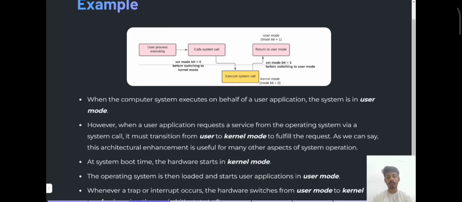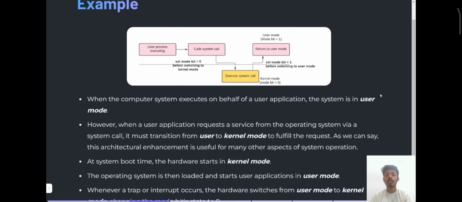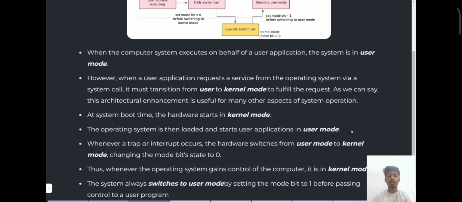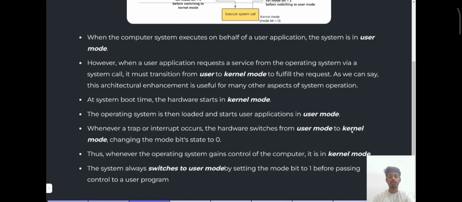At system boot time, the hardware starts in kernel mode. The operating system is then loaded and starts user applications in user mode. Whenever a trap or interrupt occurs, the hardware switches from user mode to kernel mode, changing the mode bit state to 0. Thus, whenever the operating system gains control of the computer, it is in kernel mode. The system always switches to user mode by setting the mode bit to 1 before passing control to the user program.